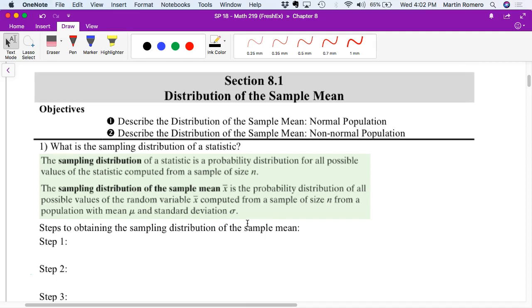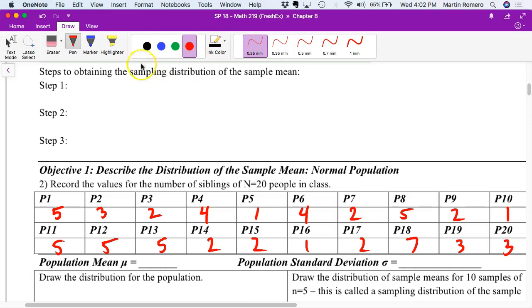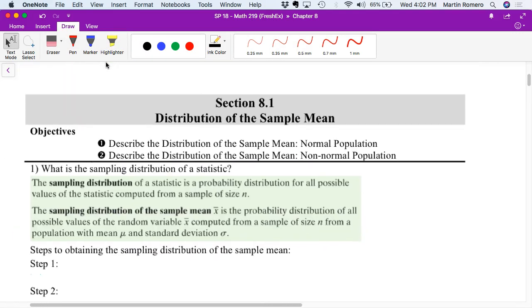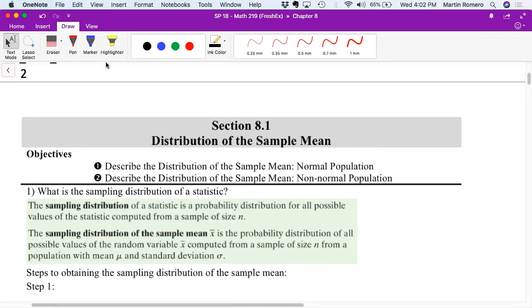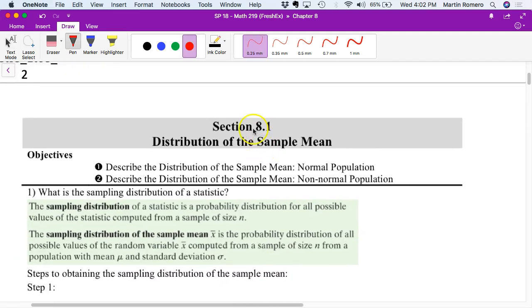The sampling distribution of a statistic, which in our case is going to be a mean, and then a proportion in the next section, is a probability distribution, which we learned in chapters 6 and 7, for all possible values of a statistic computed from a sample of size n.